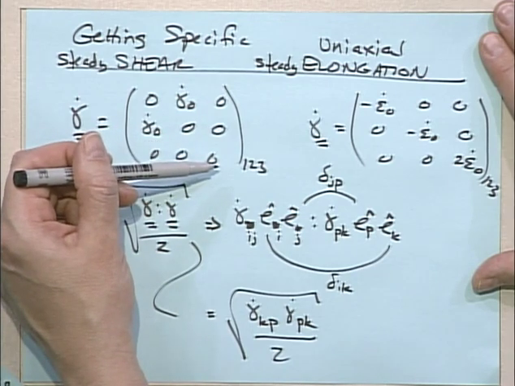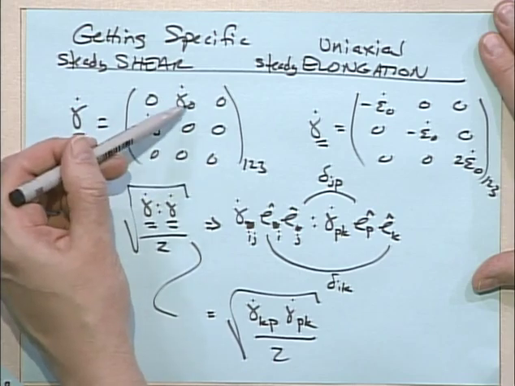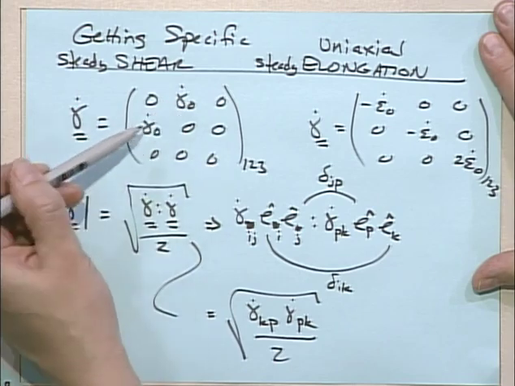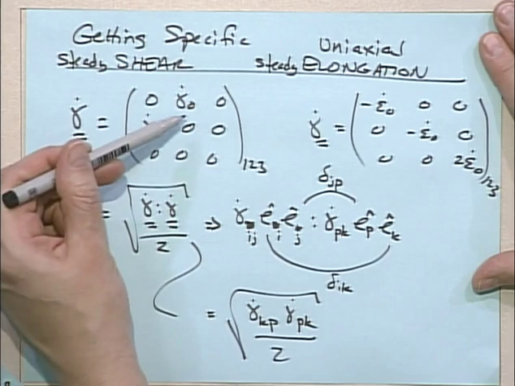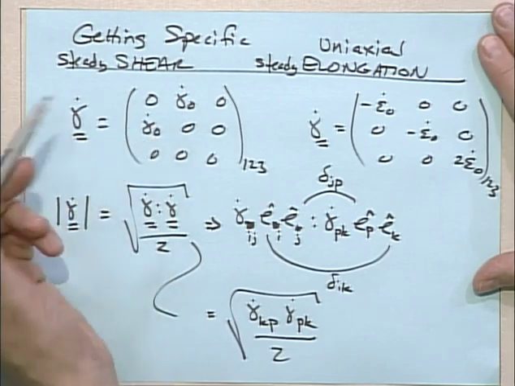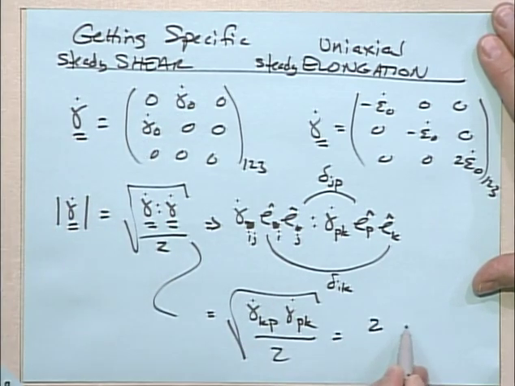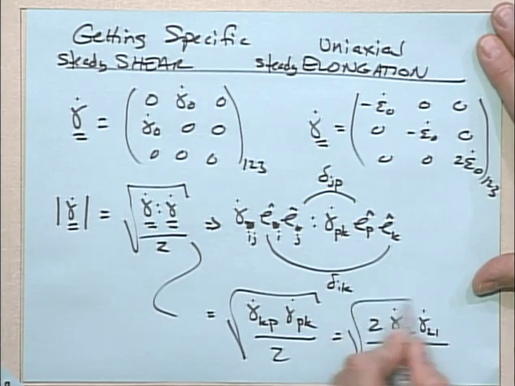So the only time we didn't get 0 was 1,2 times 2,1 and 2,1 times 1,2. And it happened twice. So we get 2 gamma dot 1,2 times gamma dot 2,1, and they're equal to each other, divided by 2 quantity square root.